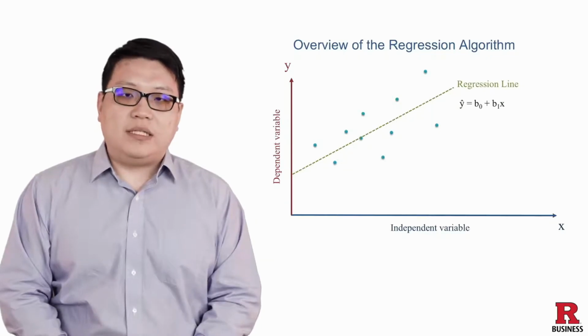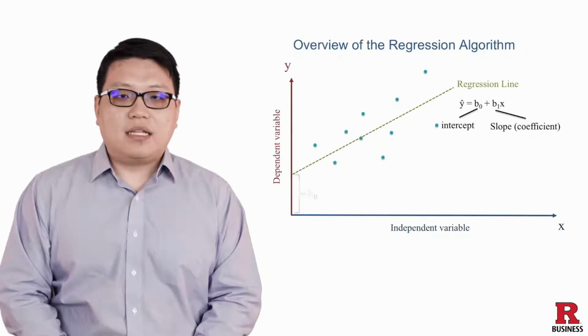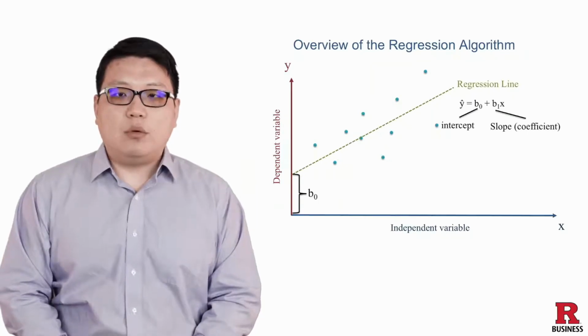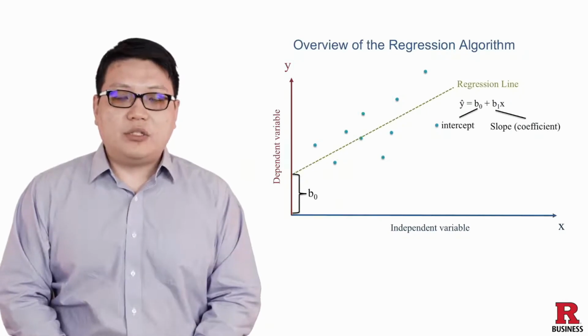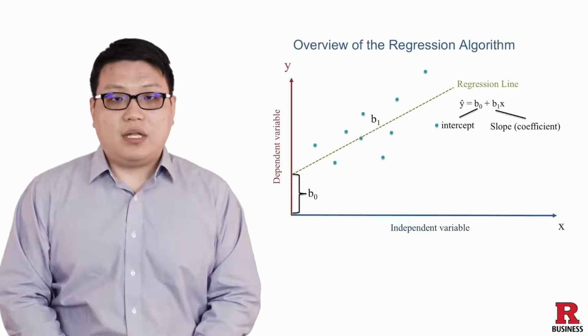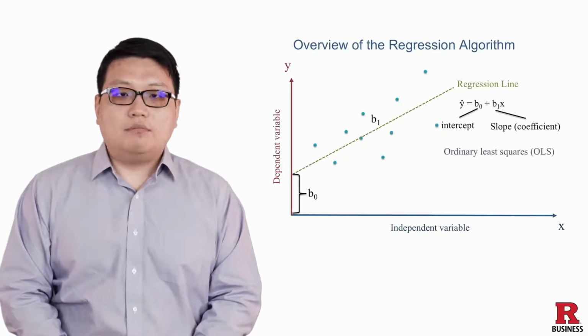So estimation equals b0 plus b1 times x, where b0 denotes the intercept. The intercept is where the regression line starts from the y-axis, and b1 represents the slope. If it is a positive relation, then b1 will be larger than 0, as we can see in this example. If it is a negative relation, b1 will be a negative value.